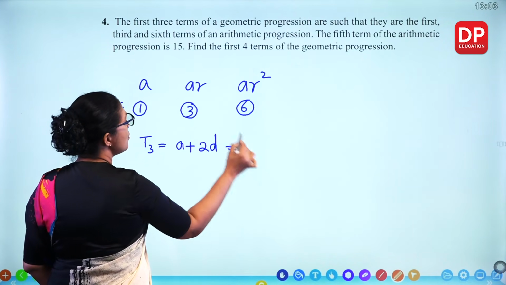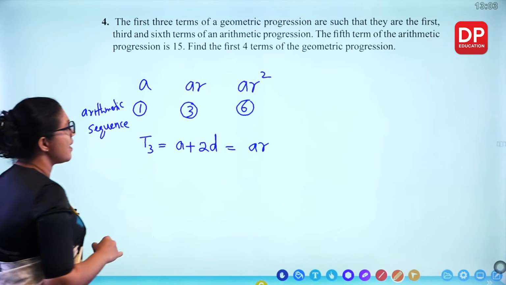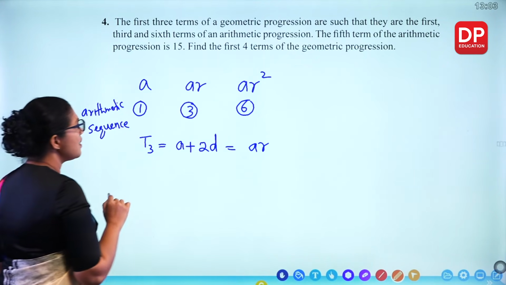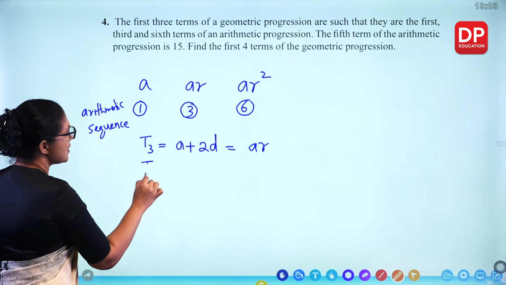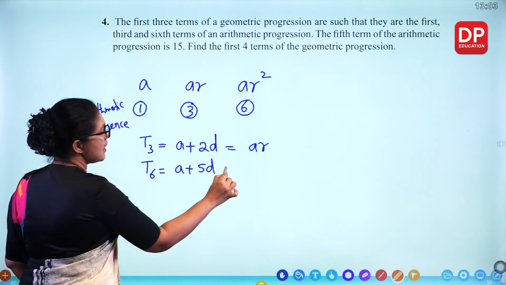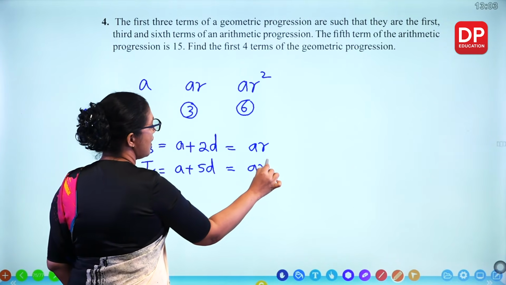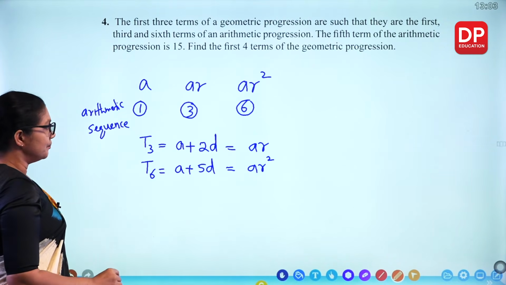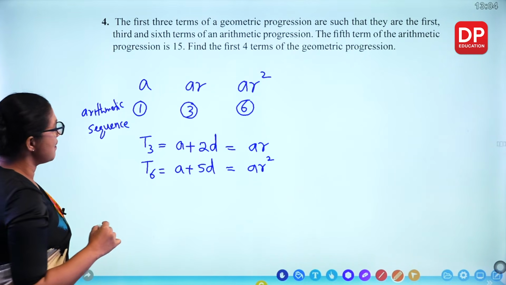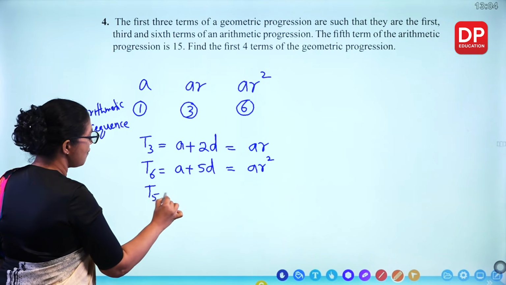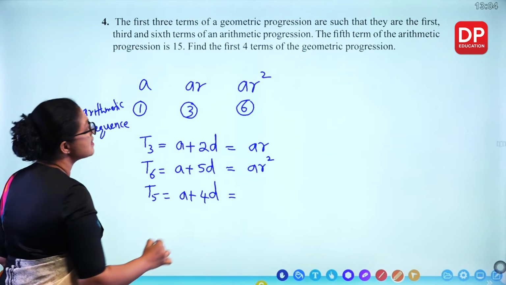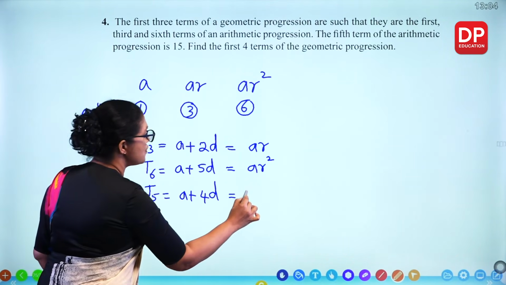That's equal to AR. That's the third term. If it's the sixth term, what is T6? A plus 5d. That's equal to AR squared. And also, the fifth term is given. T5 is A plus 4d. That's equal to 15.